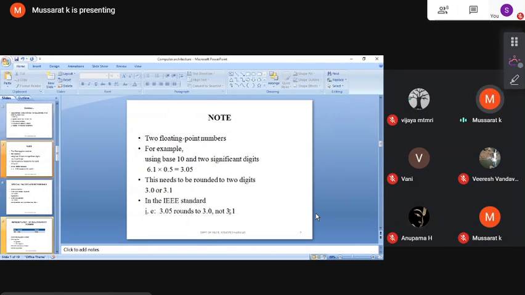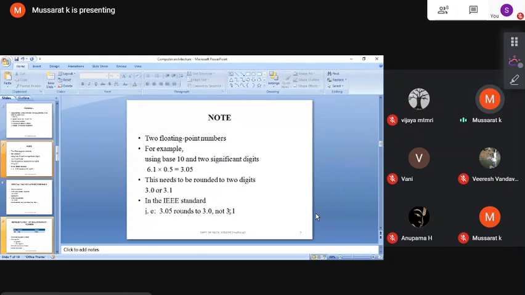Note that when operating on two floating point numbers, the result is usually a number that cannot be exactly represented as another floating point number. For example, in a floating point system using base 10 and 2 significant digits, 6.1 times 0.5 gives the value 3.05.